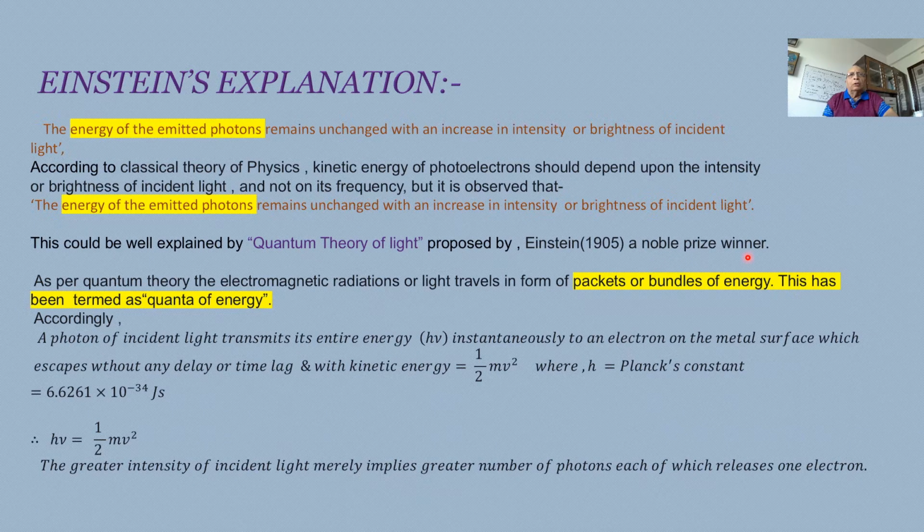He was awarded a Nobel Prize for his quantum theory of light. And according to quantum theory of light, the electromagnetic radiations or light travel in bundles of energy, packets of energy.